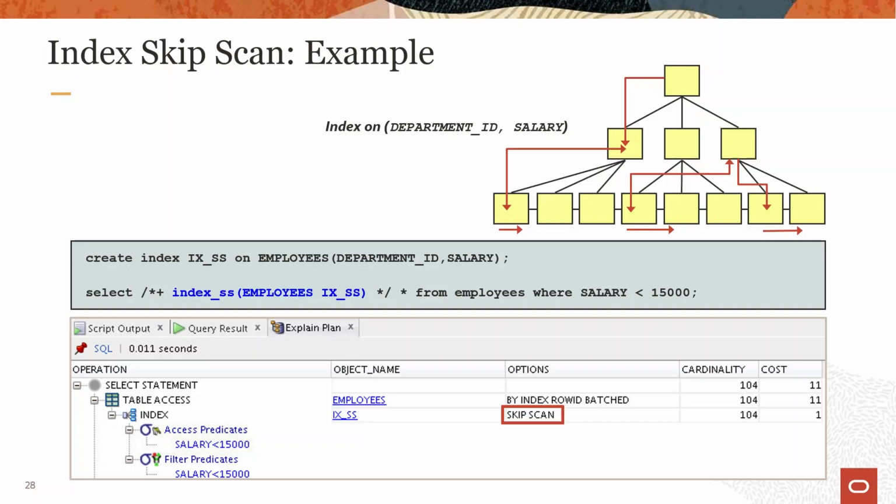Once he sees a salary bigger than 15,000, he stops the scanning of that department ID 20 and he goes to the next department ID group. This is what we call an index skip scan.